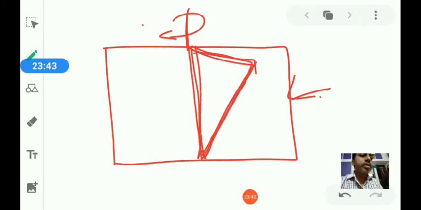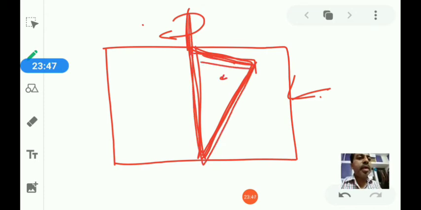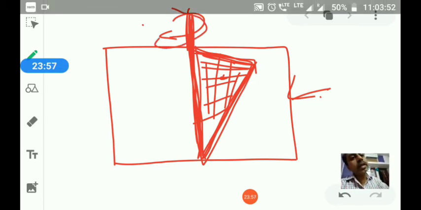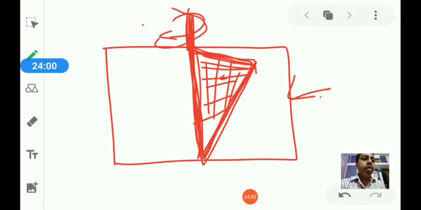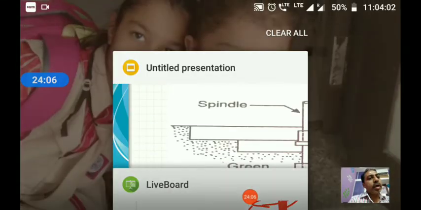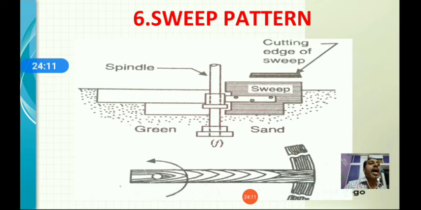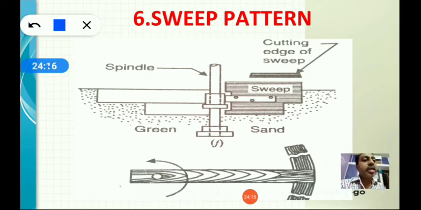Okay, so this is only a board type mechanism. A board is connected to the central axis, and then we have to just rotate it 360 degrees. So in the mold, this symmetrical hollow cavity can be produced. Okay, so sweep patterns are used in case of very large symmetrical products, large as well as symmetrical.